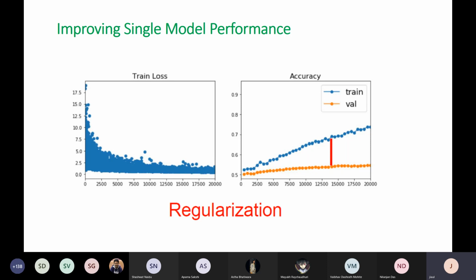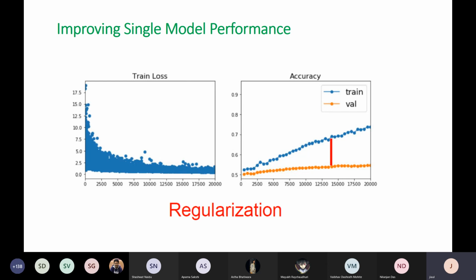You keep only one set as the test set and the remaining sets as the training set, train it multiple times and take the average as the final performance. That means training a particular model multiple times. But in this case, the regularization we are talking about is improving single model performance. You only train once, build only one model, and based on that you want to infer.